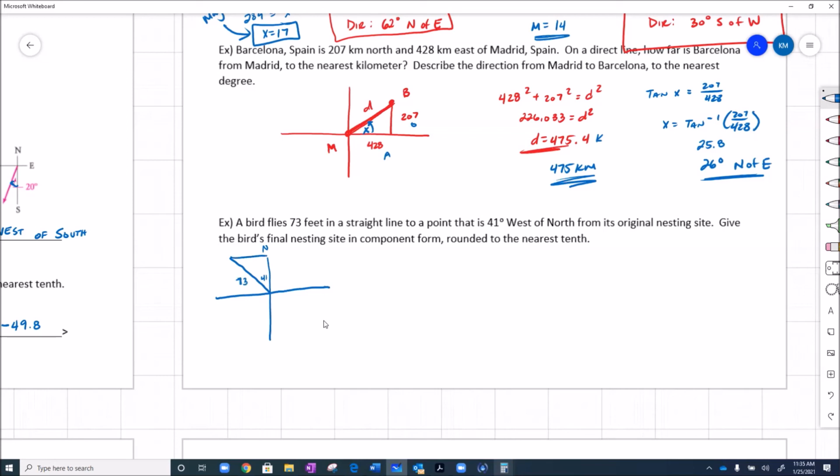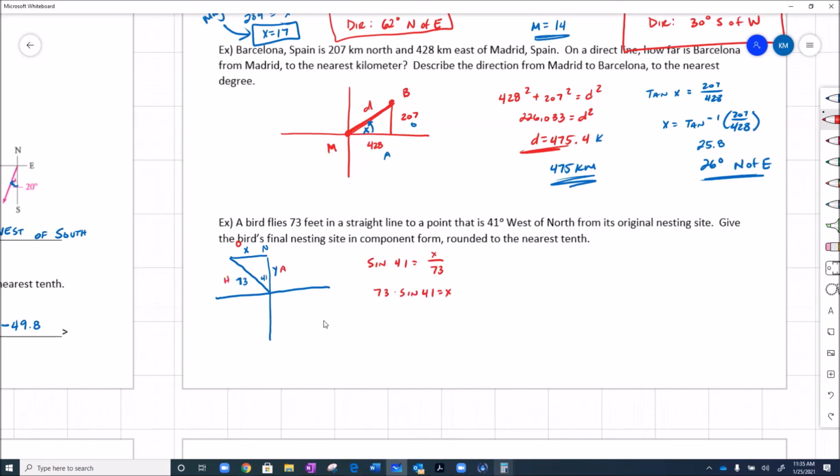Okay, so we have this triangle. They're asking us to give component form, so basically that we need to find x and y here. Okay, so as I label my sides, this is the opposite, this is the adjacent, this is the hypotenuse. In order to find x, I'm using sine, so I'll use sine 41 equals the opposite x over the hypotenuse 73. 73 times sine 41 should give us x then.